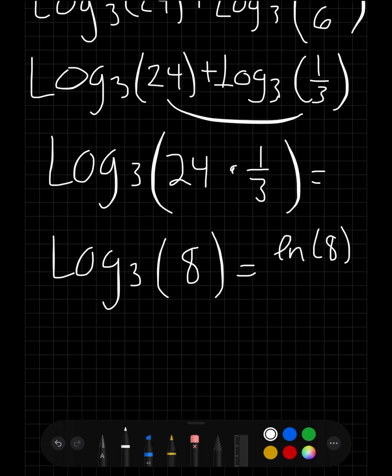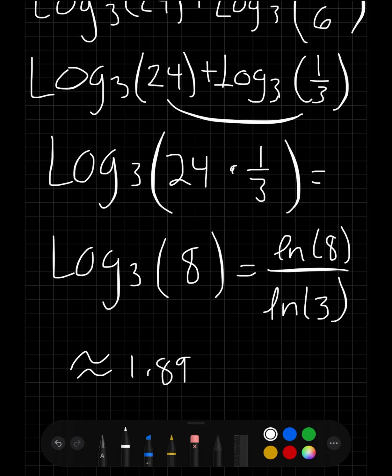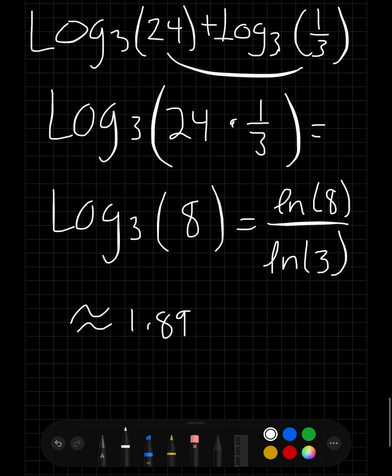I'm going to go ahead and use my change of base formula to say ln of 8 divided by ln of 3. And I'm going to type that into Desmos a little bit faster than the last time. Ln of 8 divided by ln of 3. I get approximately 1.89 as my answer.